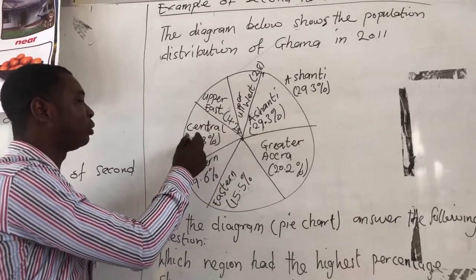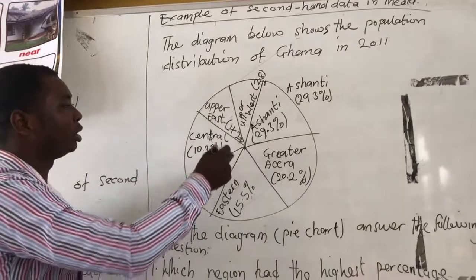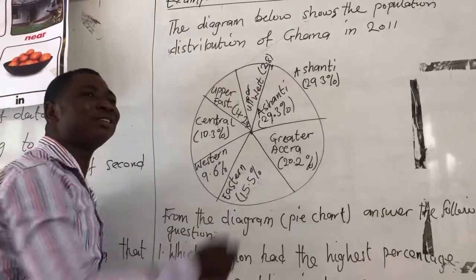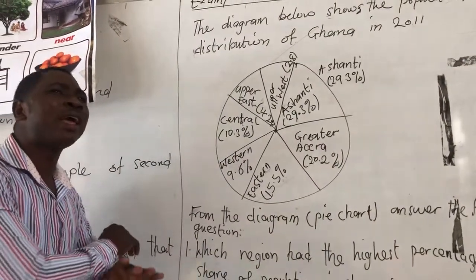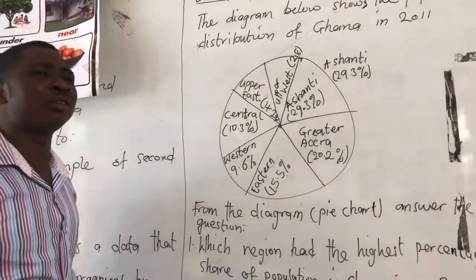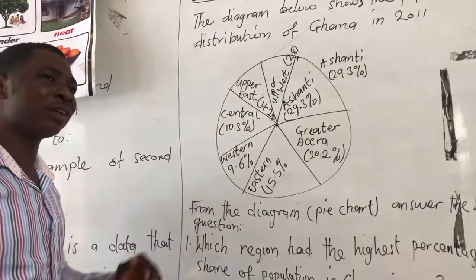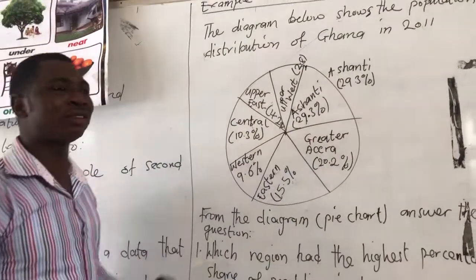Central region, we have 10.3. And we have Upper East region, which is 4.2, and Upper West, which is 2.8. I can ask you many questions based on this. Even yourself, you can start asking yourself questions on this.